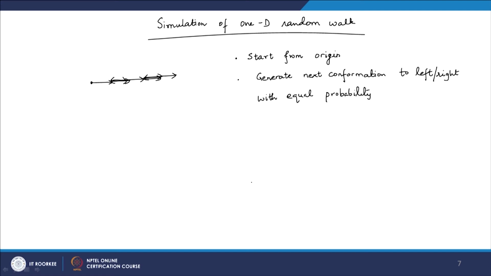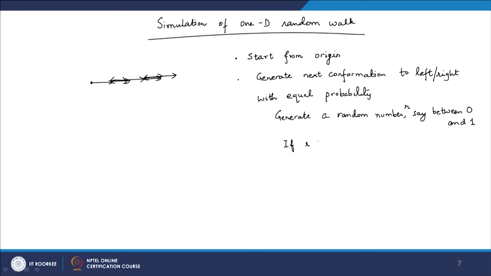And the way of doing it is you generate a random number, say between 0 and 1, and let us say I call this number r.